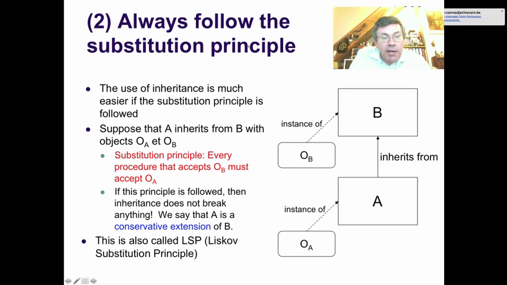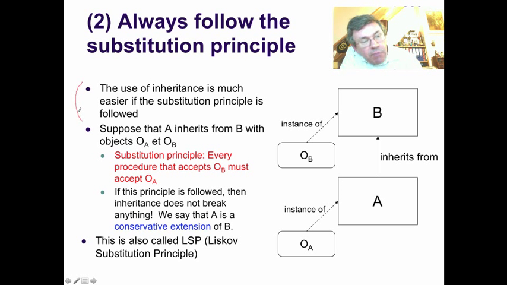The second rule is the substitution principle. This principle is extremely important, and if you really want to use inheritance, you must follow this principle. If you don't, all bets are off. So suppose that A inherits from B, with objects OA and OB. So the substitution principle says that if we have a procedure that works with OB, then it must also work for OA.